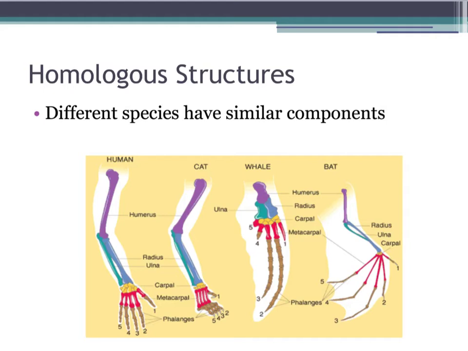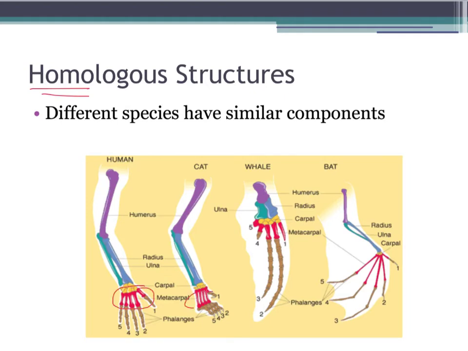Now, these things are called homologous. Homo means same. So these are structures that are very similar. This is going to be on your test, alert, that a human, cat, whale, and bat all have very similar arm bones. So humans have these 5 bones.